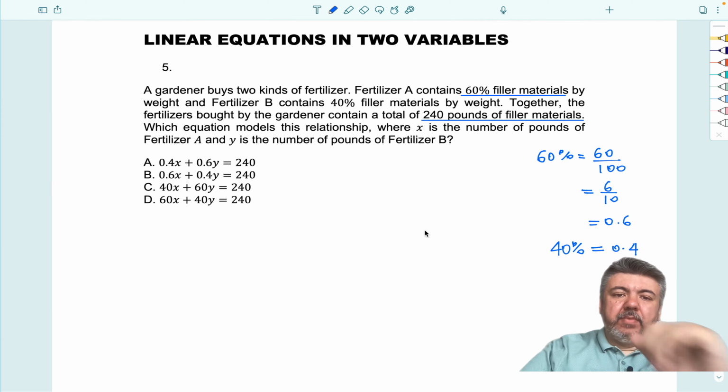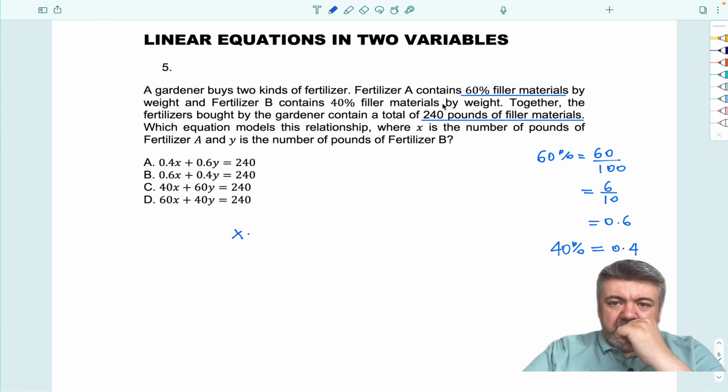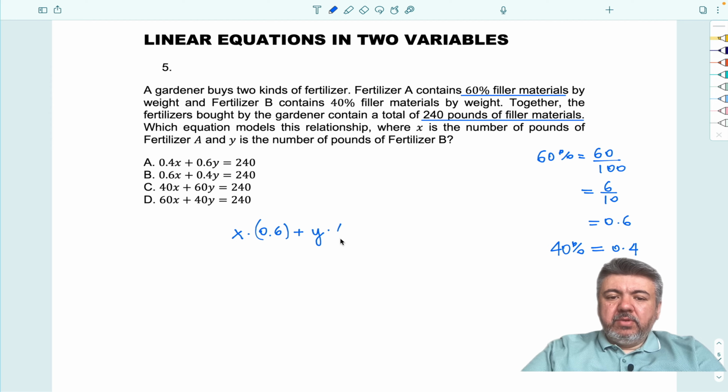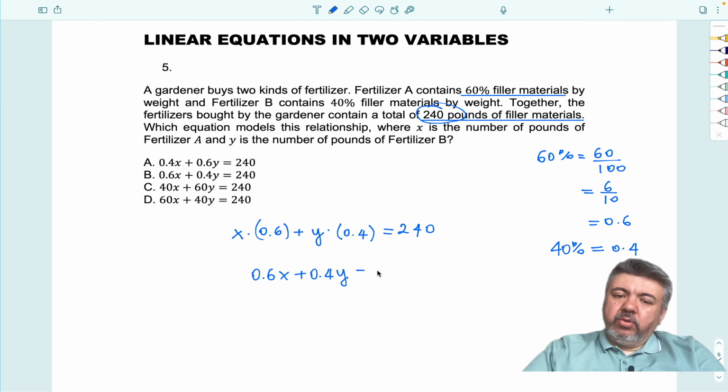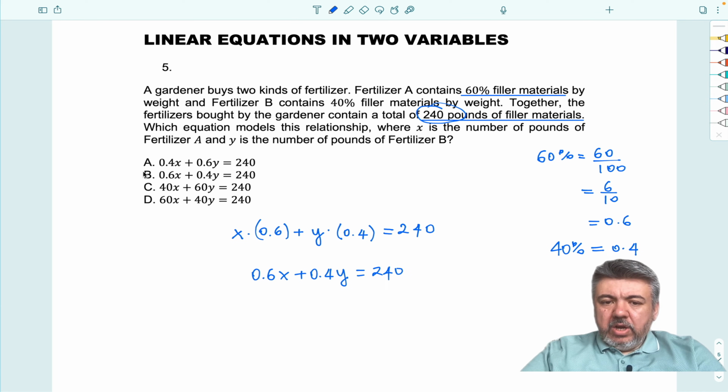So, fertilizer A, X times 60%, 0.6, plus fertilizer B, Y times 0.4, 40%, equals the total amount of filler materials, 240. So we can just write it this way: 0.6x plus 0.4y equals 240, which I believe is choice B.